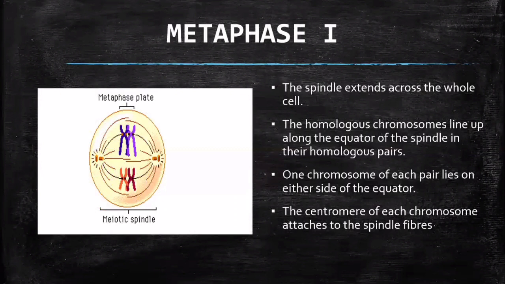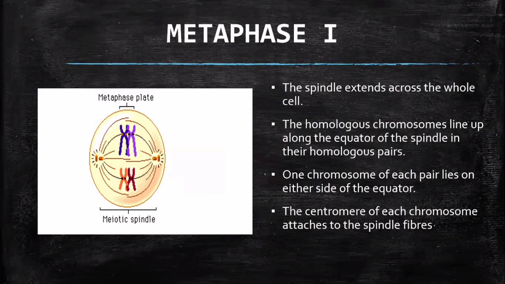Also important is that as these homologous pairs line up along the equator, random segregation, or independent assortment, occurs. They don't have to follow a specific procedure to line along the equator, but randomly line up so that during the next phase, when they separate, they randomly separate.